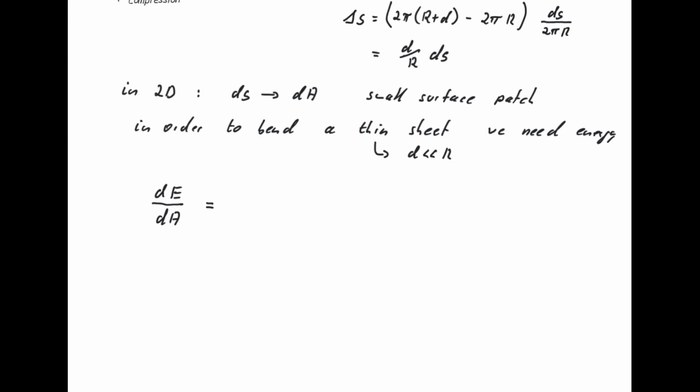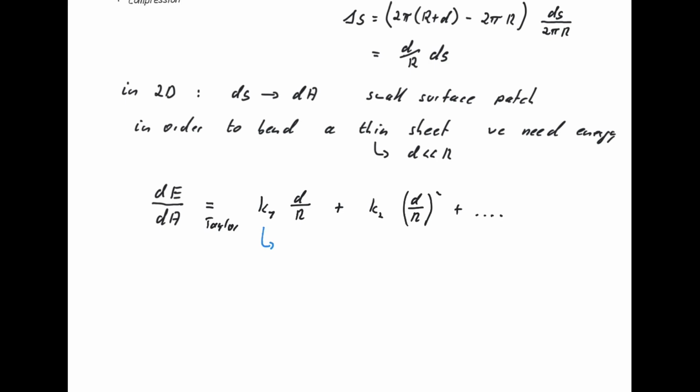So the easiest way to get a grip on this is that we use the fact that d divided by r is a small number, and then do a Taylor expansion in d divided by r. And we come up with a first order term, k1 times d divided by r, plus k2 times d divided by r to the power 2, plus higher order terms in d divided by r.